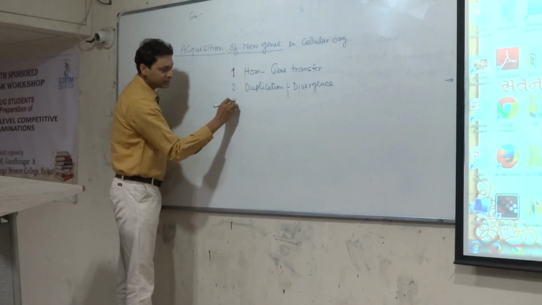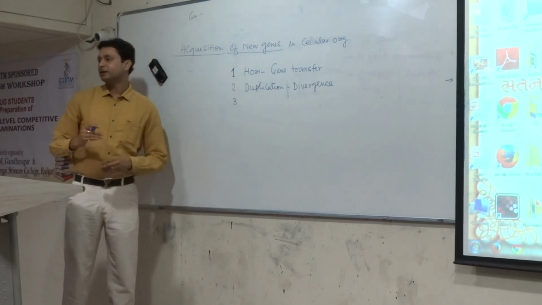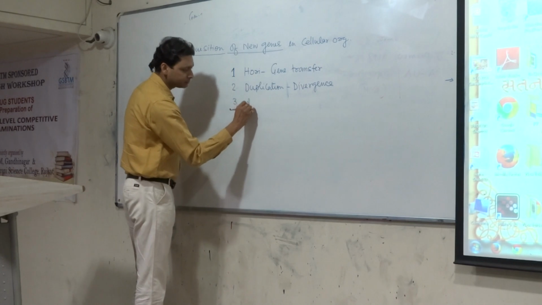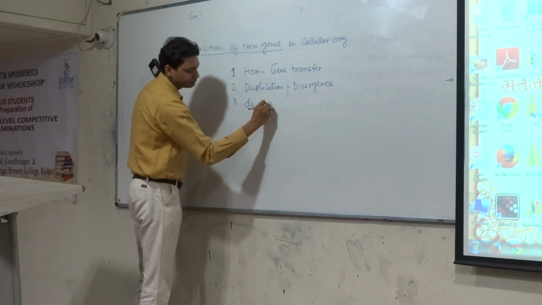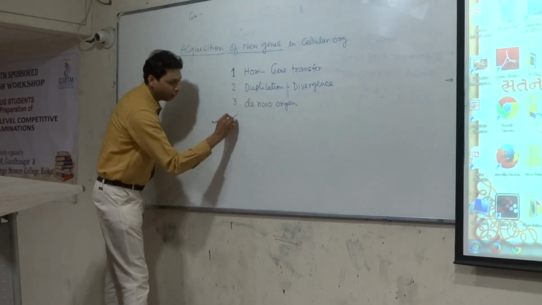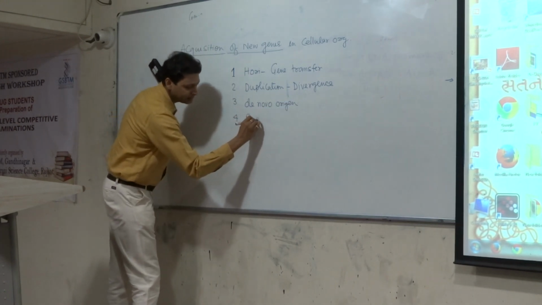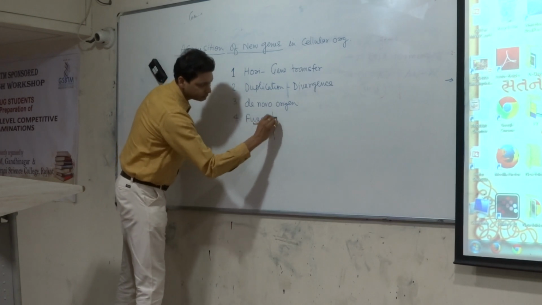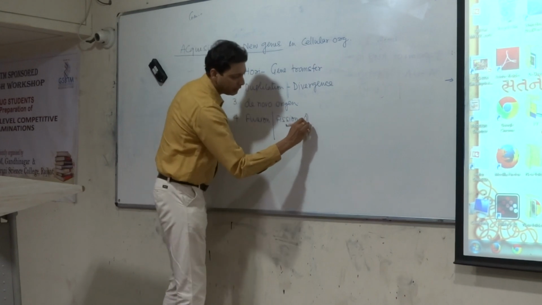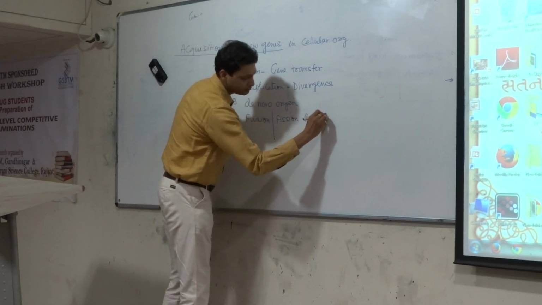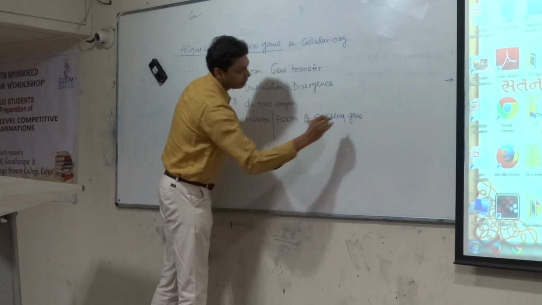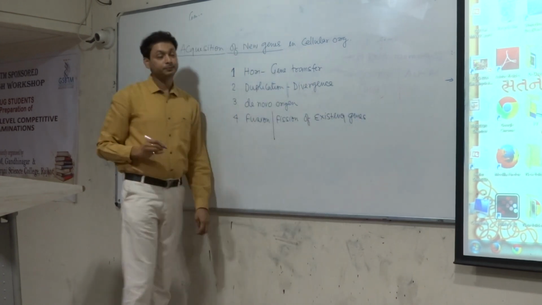There is a third process that is also responsible for the generation of new genes, that is de novo origin. And the fourth process is due to the fusion and fission of existing genes.